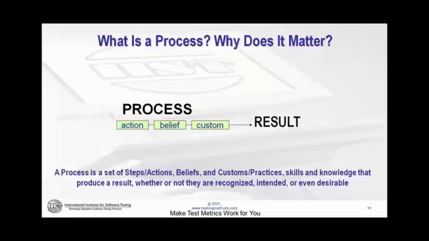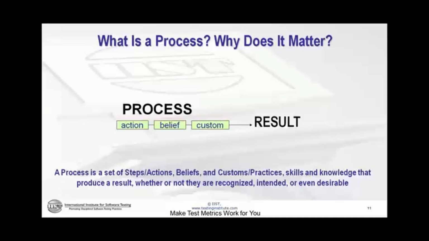And recognize that the process exists, whether or not the process is recognized, whether or not the process is intended, whether or not the process is even desirable. That is, if you get bad results, that's the outcome of a process that's producing results that you consider bad.